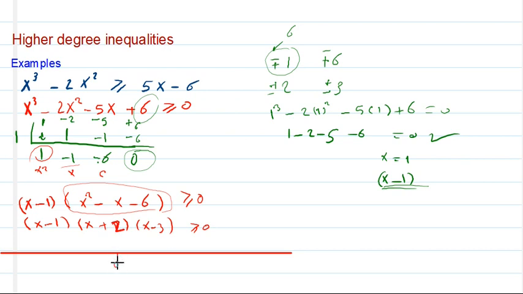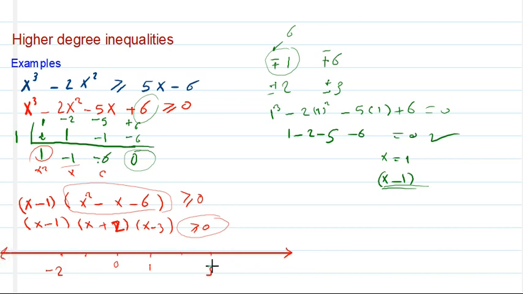I have here 0, 1, and -2. Now we will check for the solution. We are going to find the values of x that fulfill this inequality by making it positive, greater than or equal to 0.